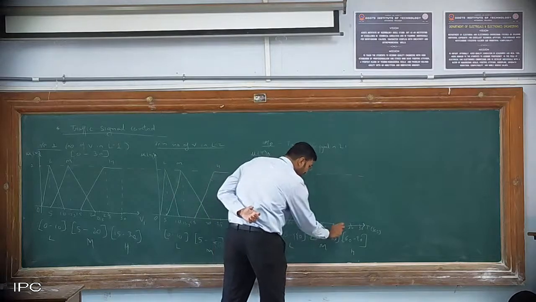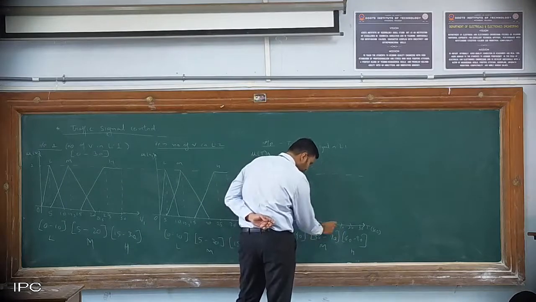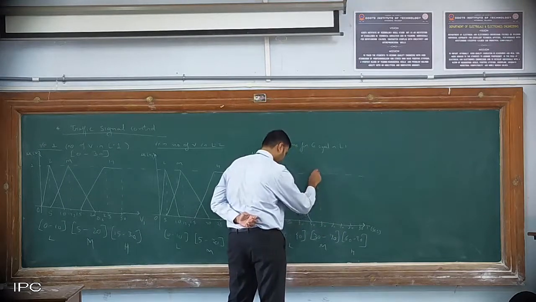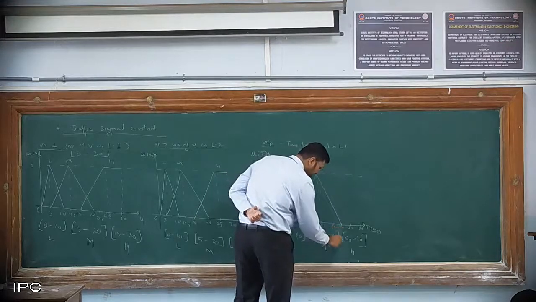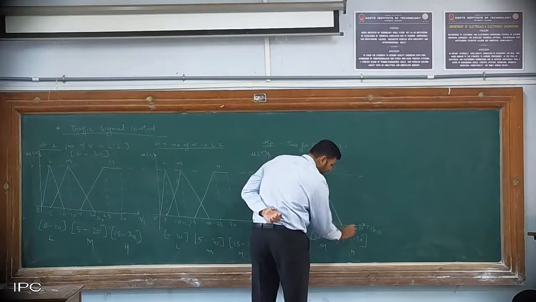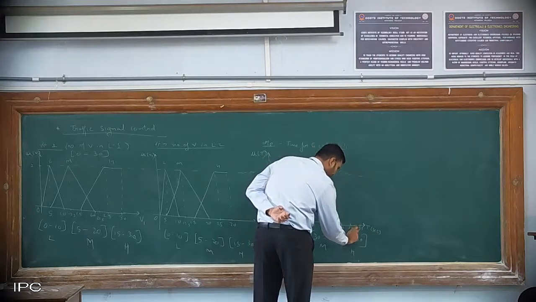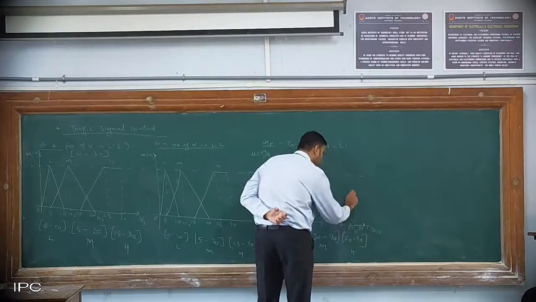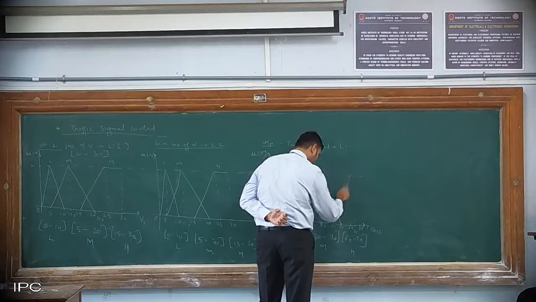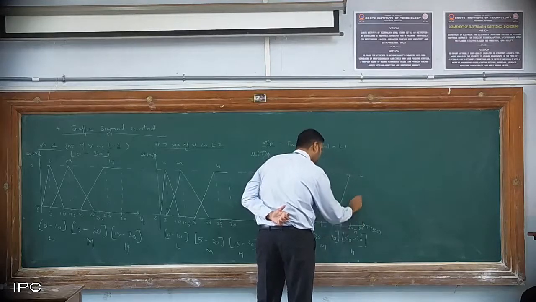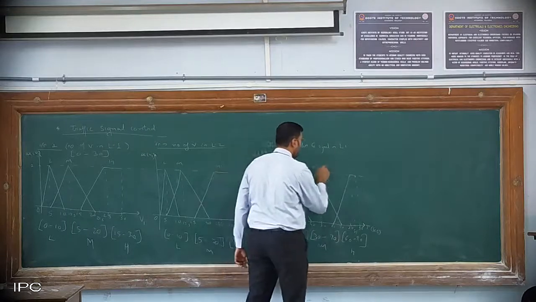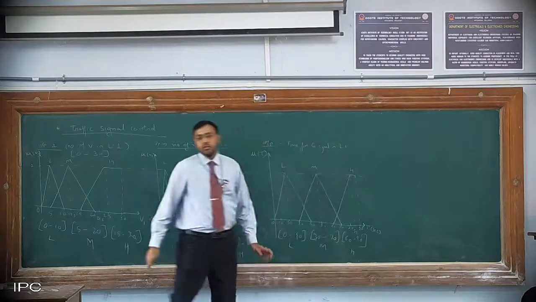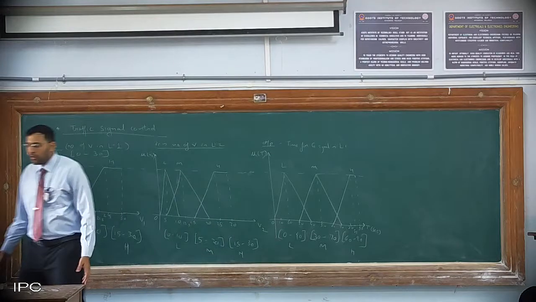What will be the center? 50, right? Next, 60 to 90. So after 85, we'll consider it to be the same. So low, medium. So this is what we have done.